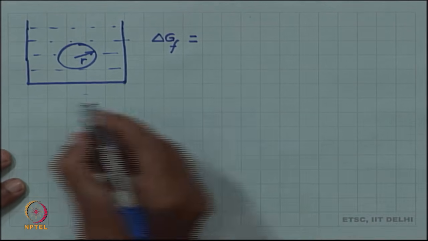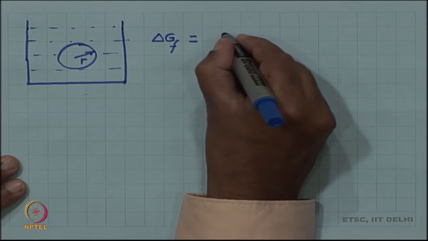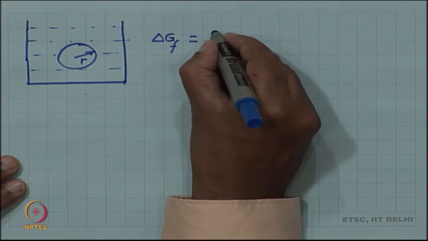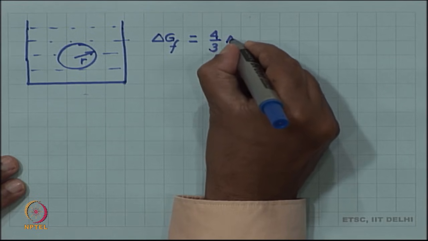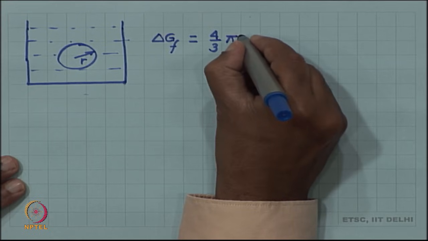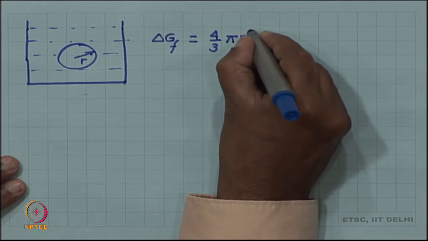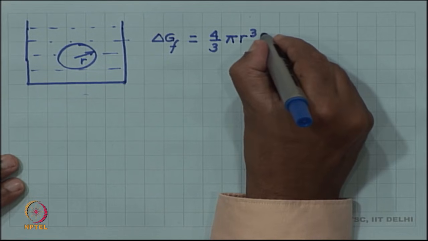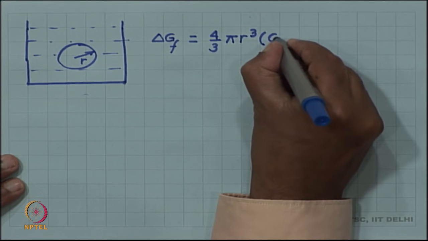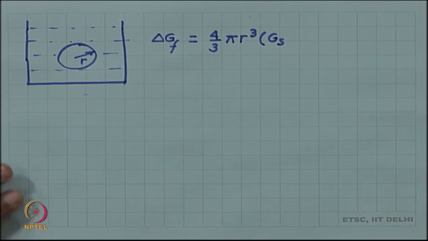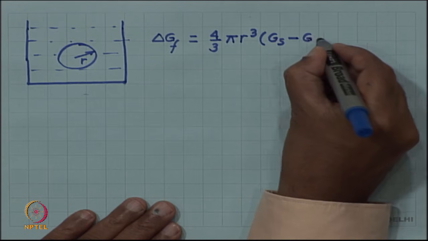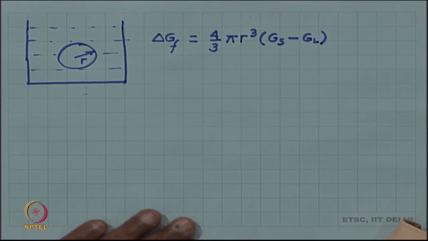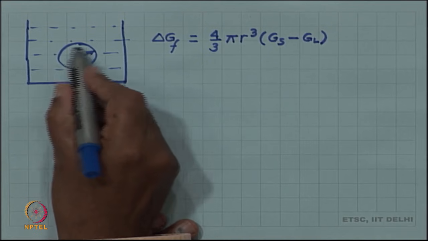Since a solid ball of radius r has formed, you have 4 by 3 pi r cube times G s as the free energy which has been added to the system, but the same volume times G L free energy has been subtracted from the system because so much of liquid disappeared.